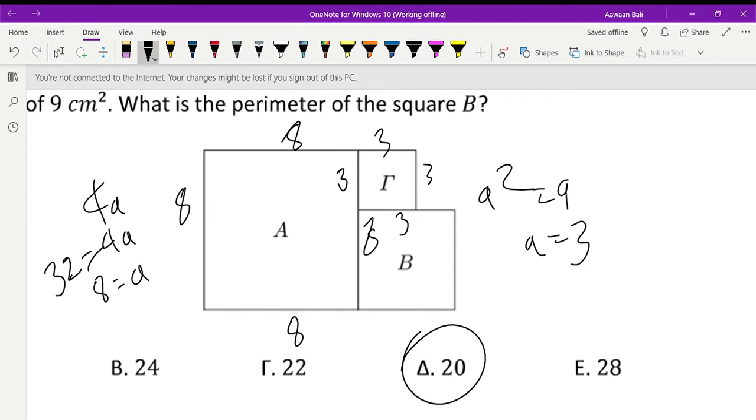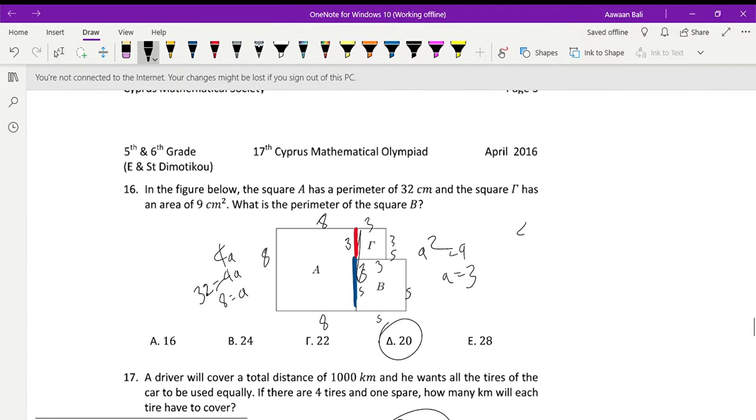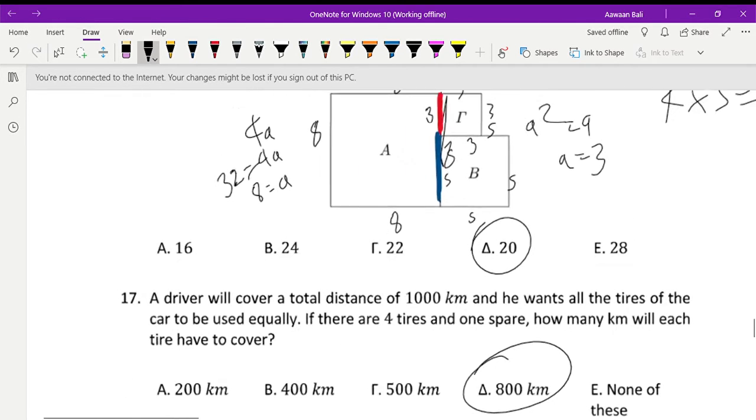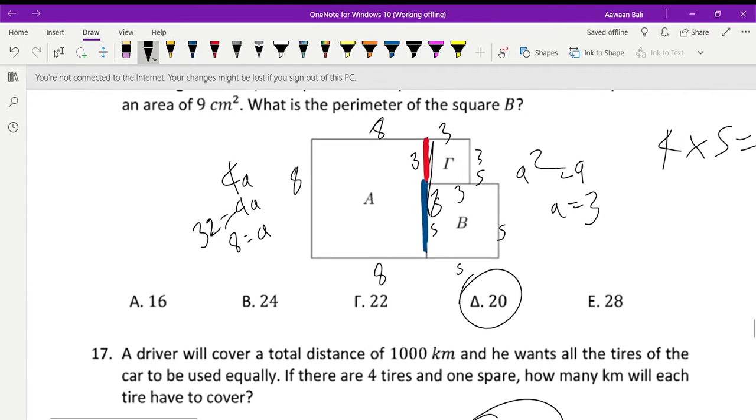Now, if we know that this whole thing is 8, and this is 3, we can find out this by doing 8 minus 3, which is 5, which means this is 5, this is 5, this is 5, and this is 5. Now, when it's talking about the perimeter, we know the side of a square is 5. So 4 times 5, since 4a is equal to the perimeter, 4 times 5 is 20. So therefore, the answer is delta, 20.